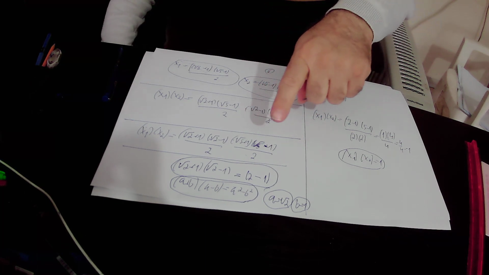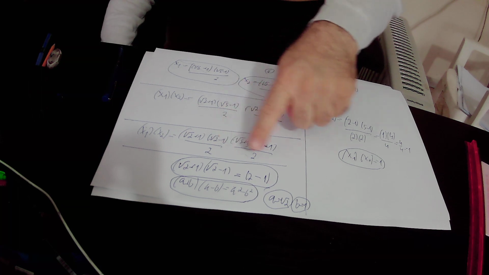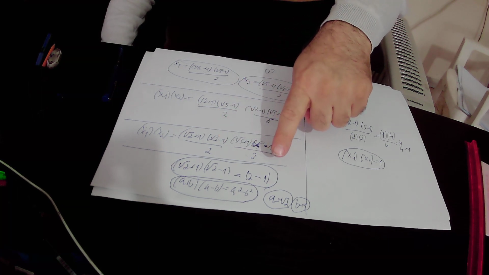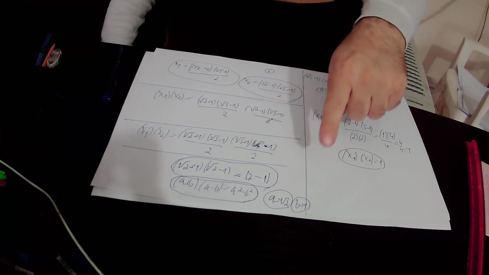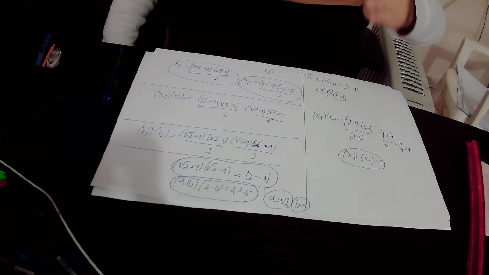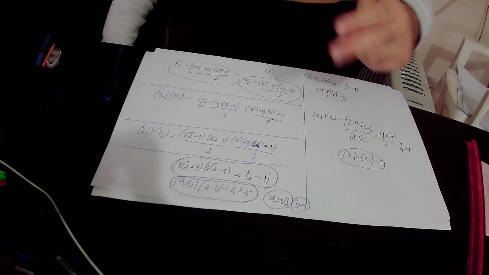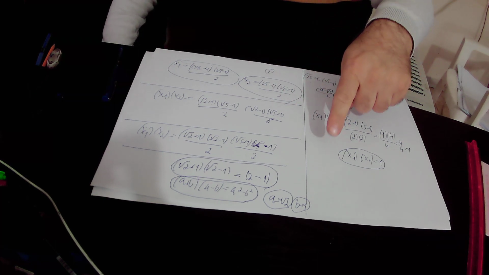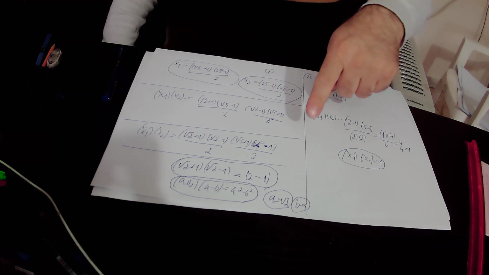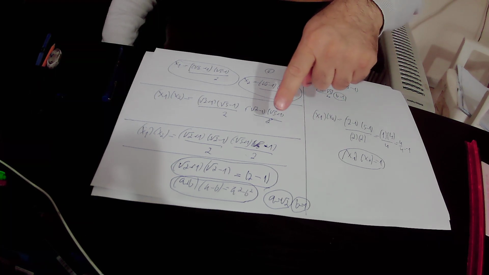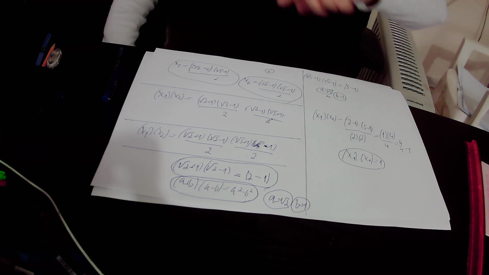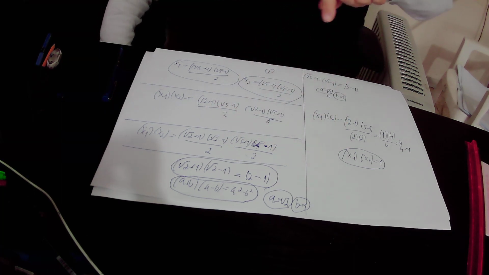So this expression must be equal to a² − b² when a equals √2, b equals 1. So a² is (√2)², which is 2, and b is 1, so b² is 1² which is 1. So a² − b² is 2 − 1. So we found out that this expression equals 2 − 1.